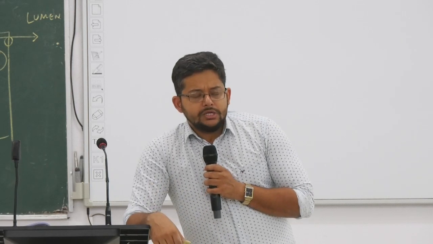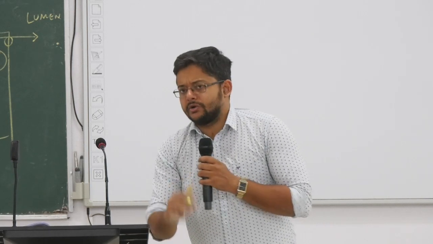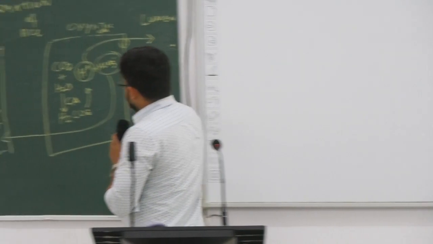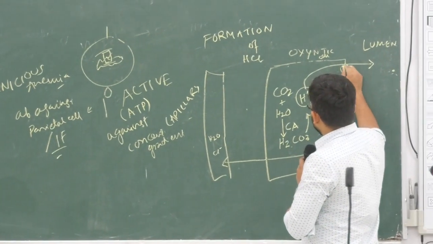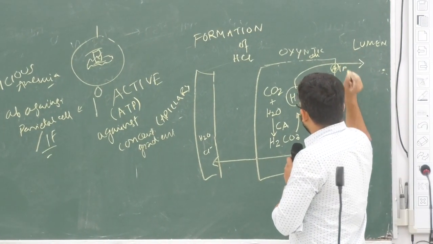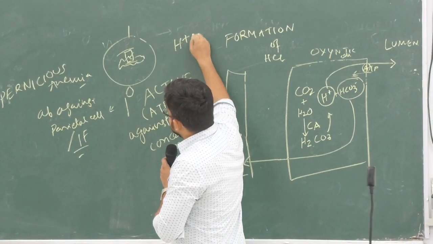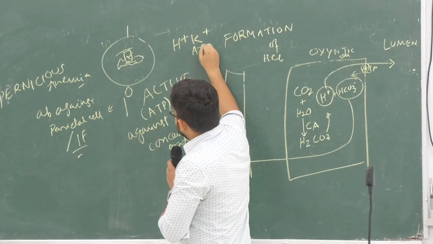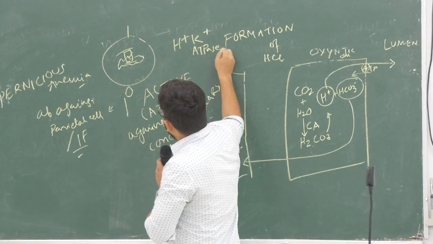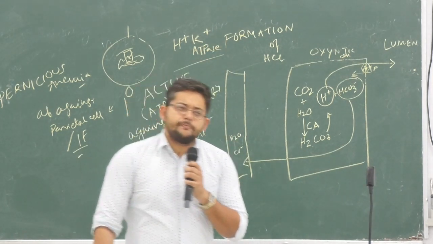So the primary active transport is present on which side? This side. And in this primary active transport an ATPase is working, and this transport is known as H plus K plus ATPase. It is present on the luminal membrane of the parietal cell. This is a primary active transport.